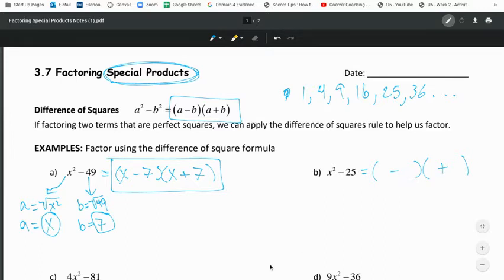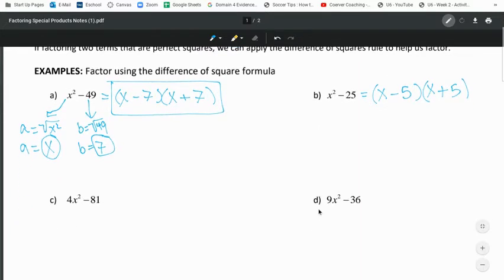This first term is going to be x and x because I know that x times x gives me x squared. Then the last term times the last term is going to give me 25. I should know that that is 5. If you don't, you just take the square root of 25 and it'll give you 5. And so I'm done. It should be that simple.